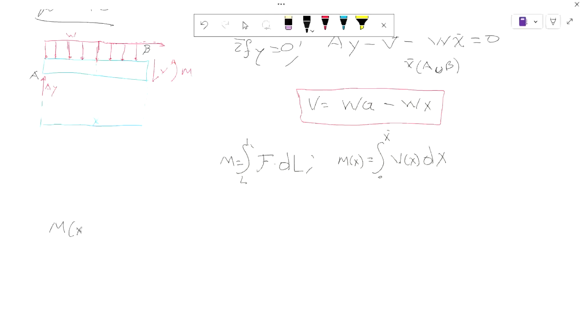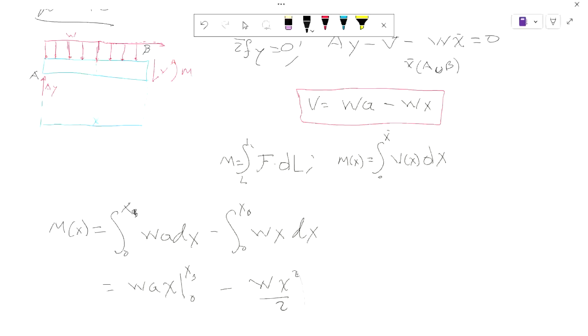So M, the moment, is equal to the integral from 0 to xb of WA dx minus the integral from 0 to xb of Wx dx, and this is equal to WAx from 0 to xb minus Wx squared over 2 from 0 to xb.